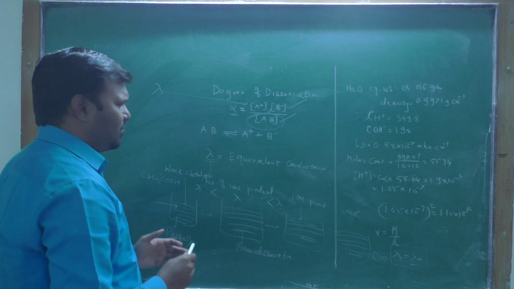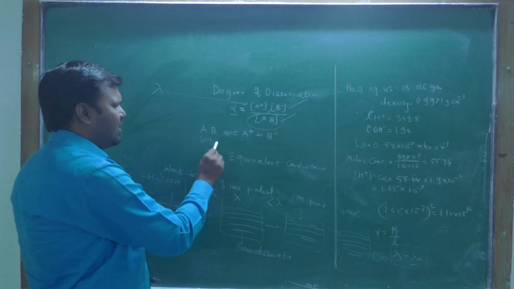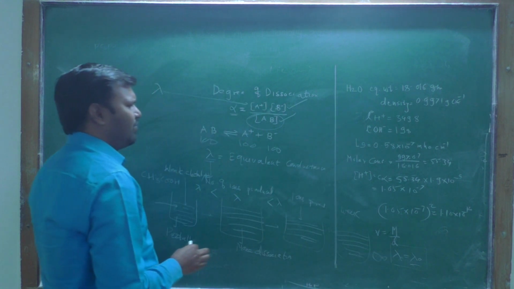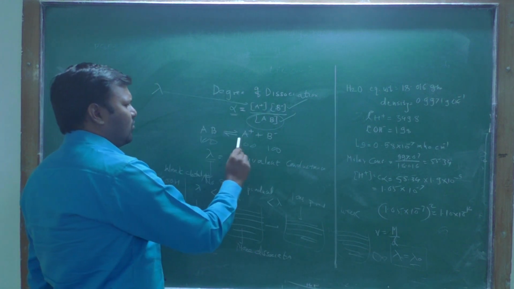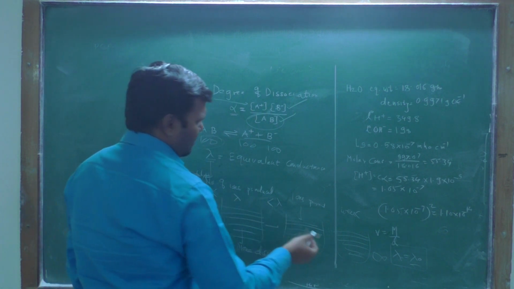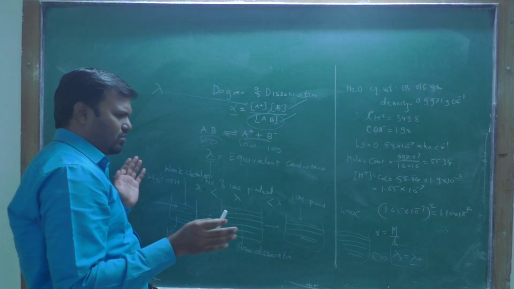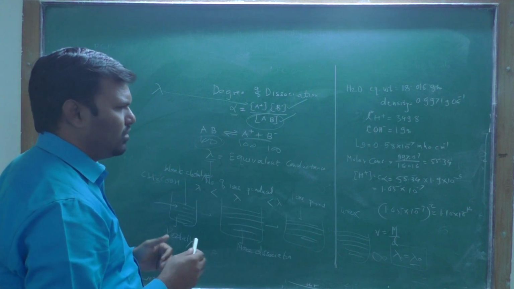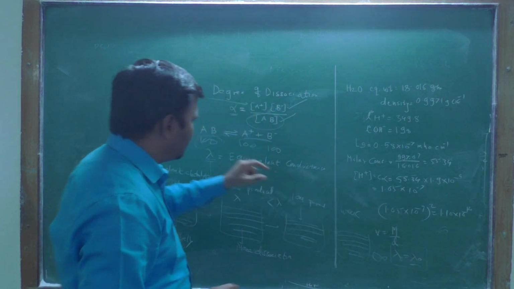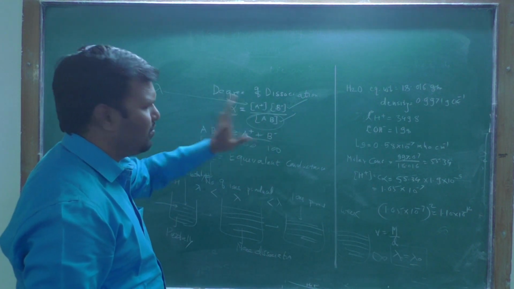It means if AB is 100, then 100 is dissociated at very high dilution, at infinite dilution. That means the value at infinite dilution is 100; the molecules are dissociated into ions. Therefore lambda 0 is nothing but the AB value.